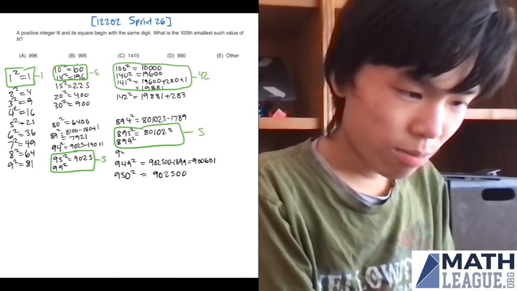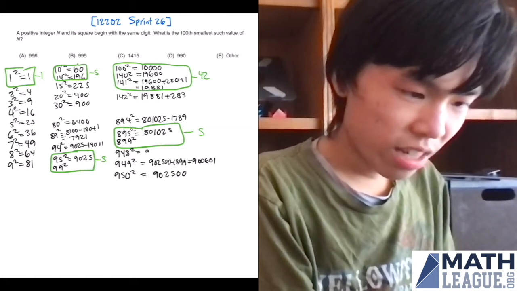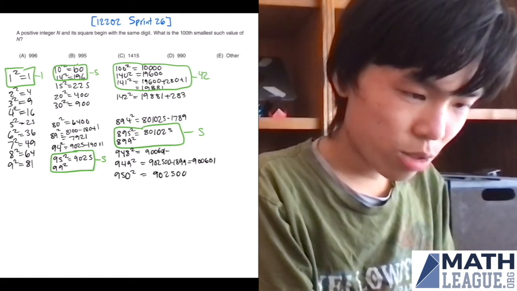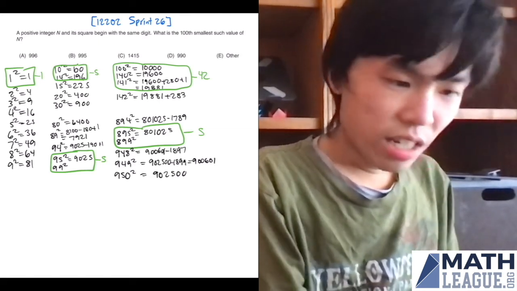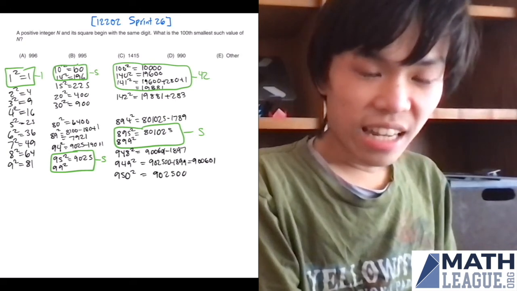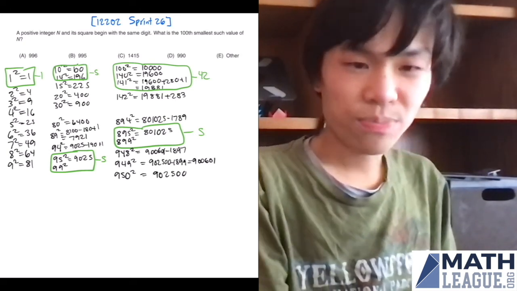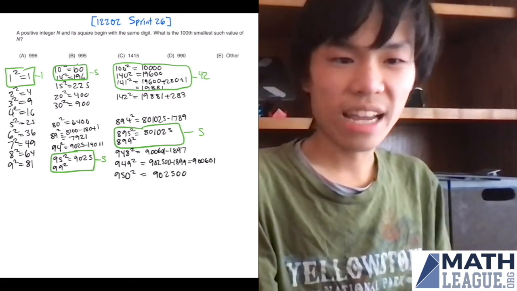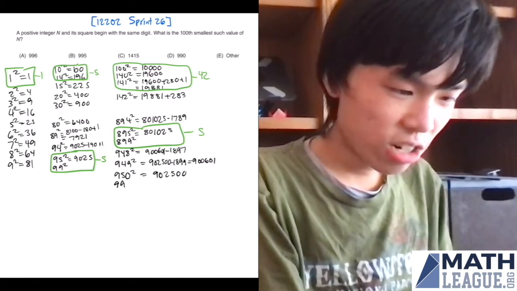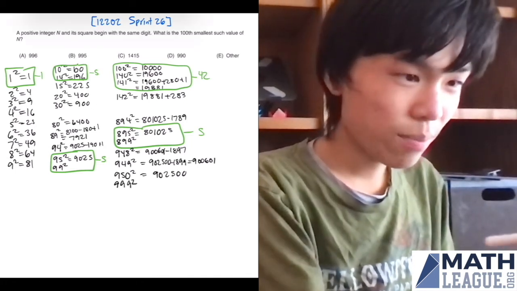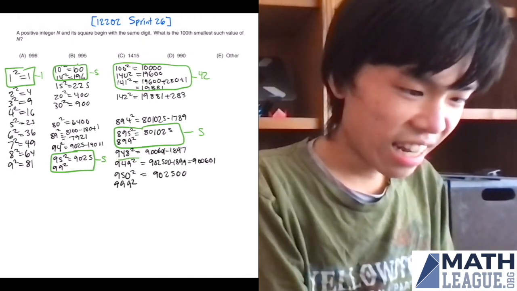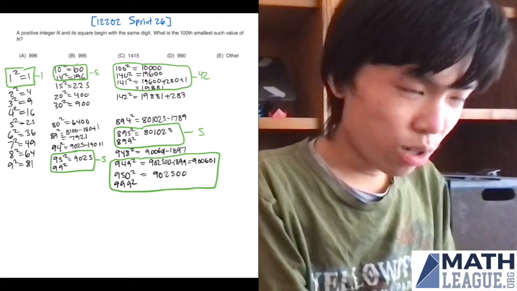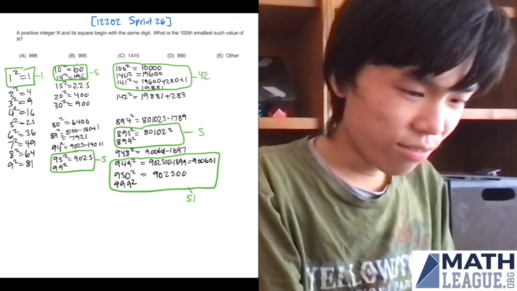That does work, but 948 squared, if I do another of the subtraction, is going to be less than 900,000. So the first digit is going to be an 8, no dice. And so this means I can round up 949 and 999 as working values for a total of 51.